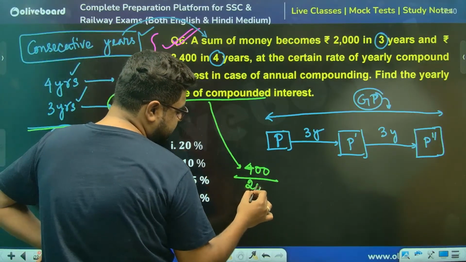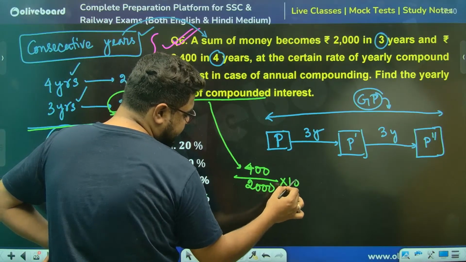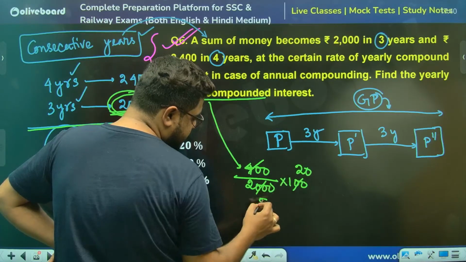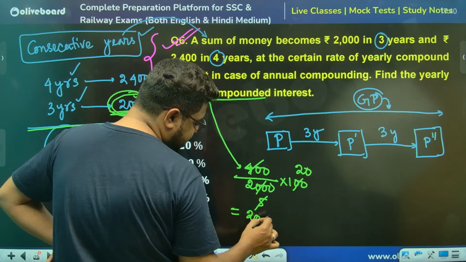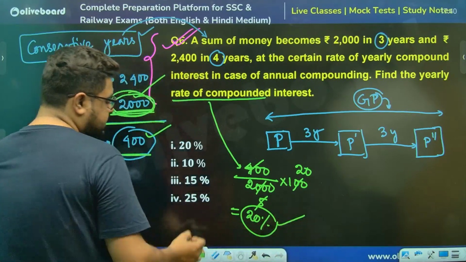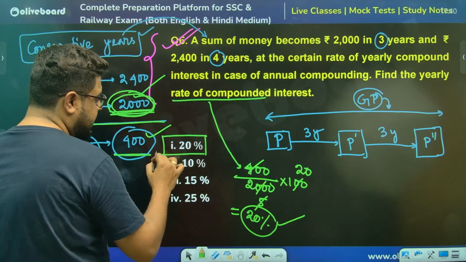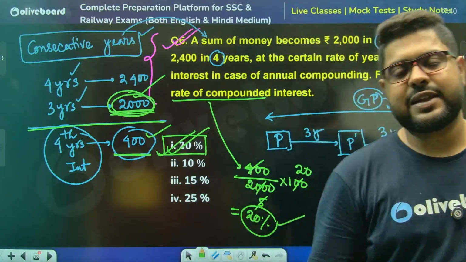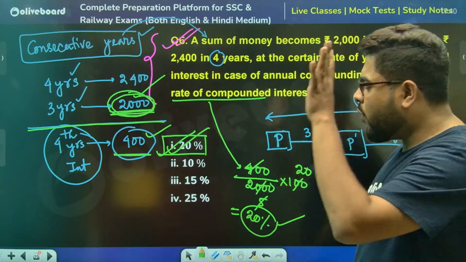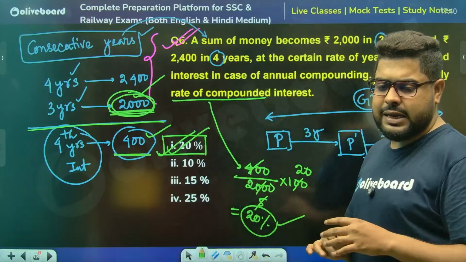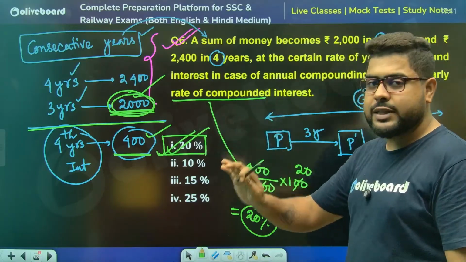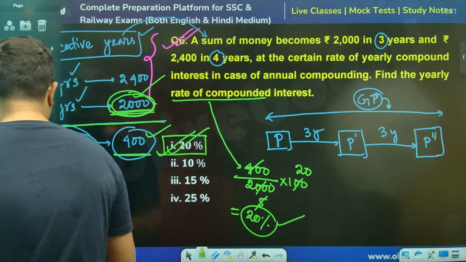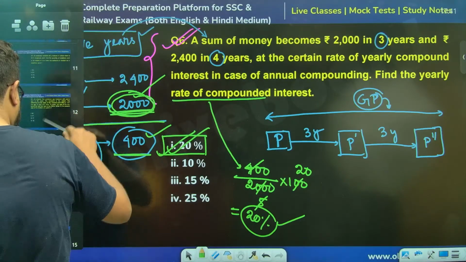That is 1 by 5, which is 20%, sir. So option number 1 is most definitely your correct answer. Everything has to do with your concept. Conceptual, sir. Right?